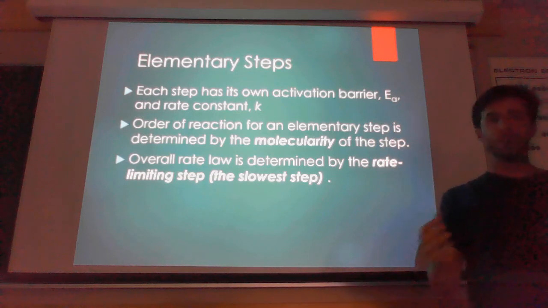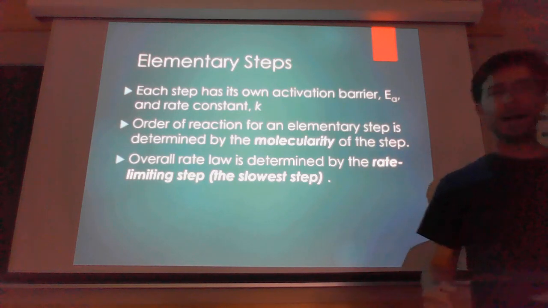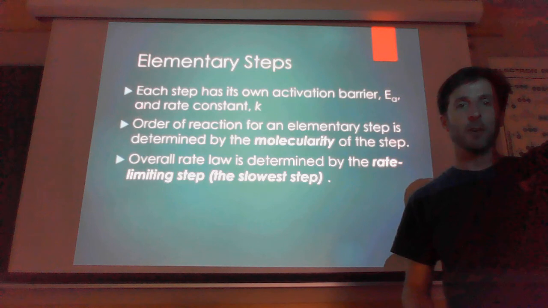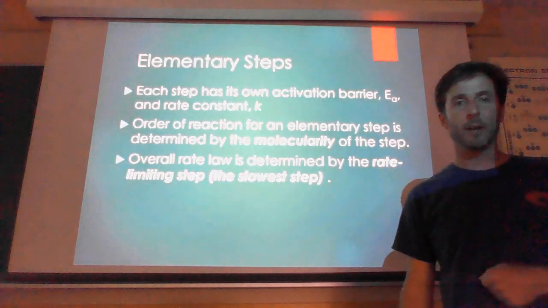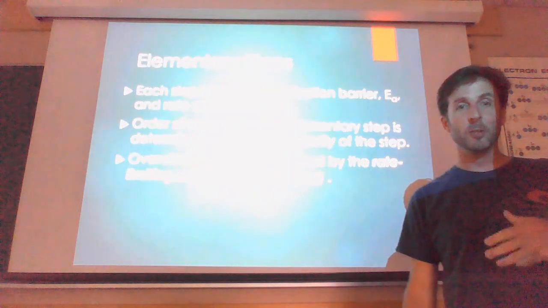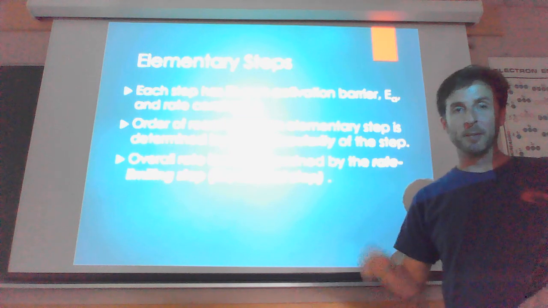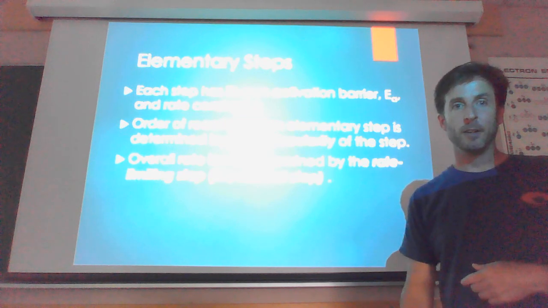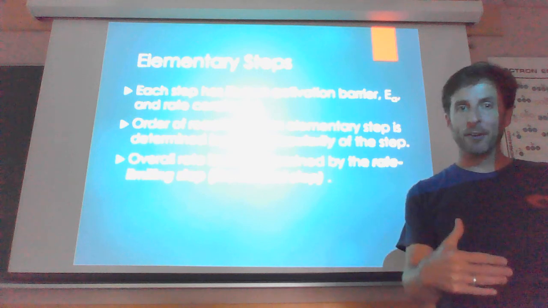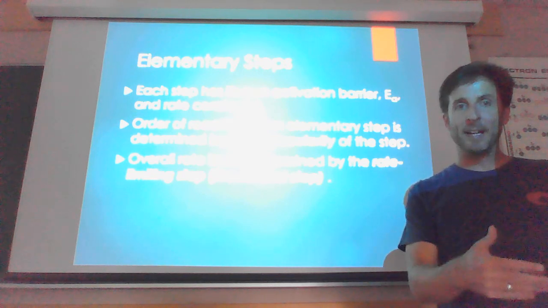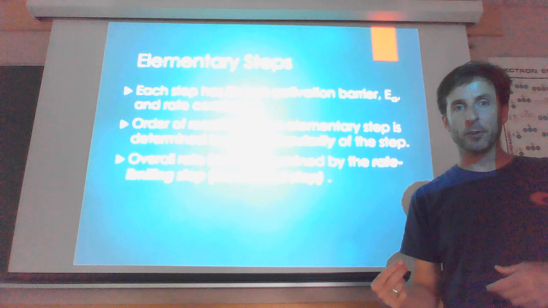Imagine I pick 5 people and I tell them they have to run a race, they have to run a mile, but they have to hold hands the whole way. The person who's going to determine how quickly they can run the race is going to be the slowest one of the 5. Okay? 5 people running together, they can't go any faster than the slowest person in the group.